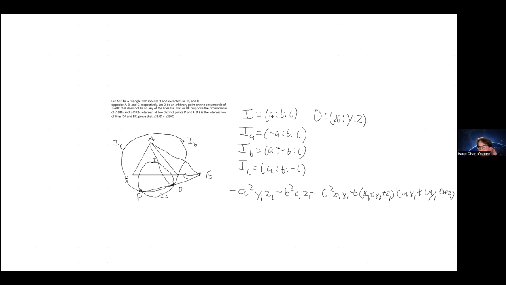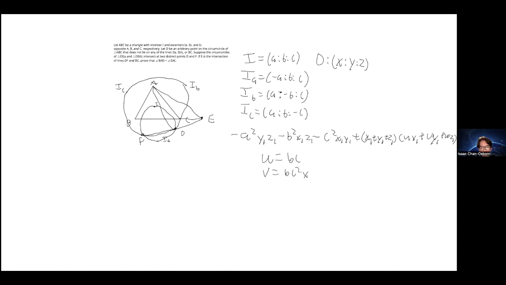Solving linearly ends up giving that u equals bc, v equals bc squared x over (bz minus cy), and solving for w gives that w is b squared c x over (cy minus bz).